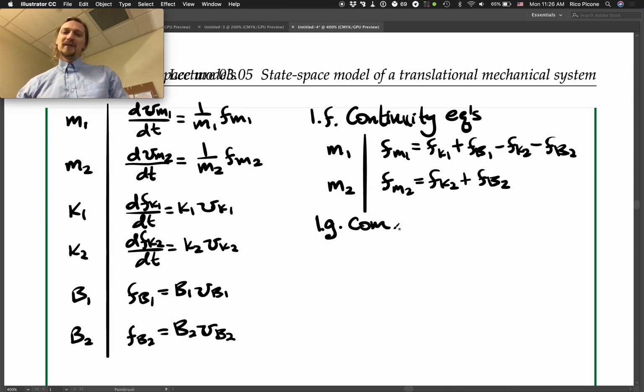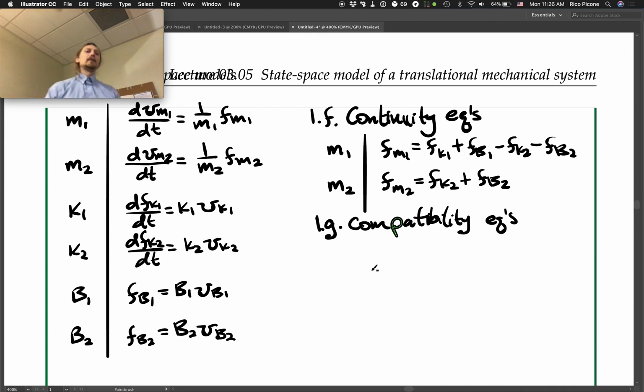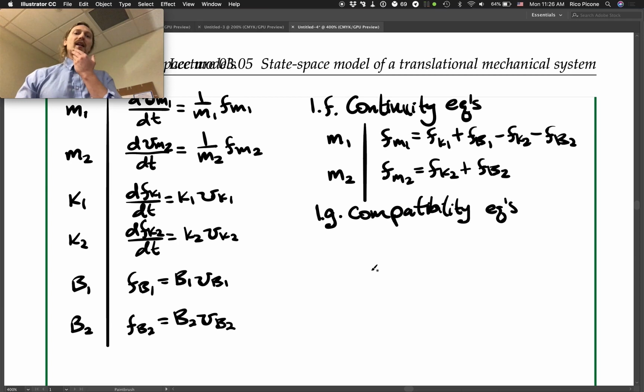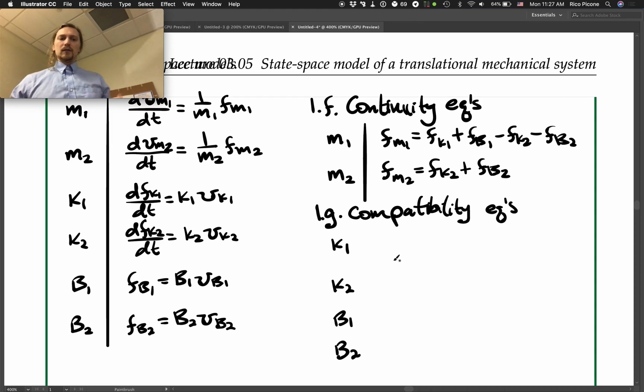So compatibility equations. We've got the rest of the elements remaining. All of the links have to have compatibility equations. So we've got K1, K2, B1, and B2.